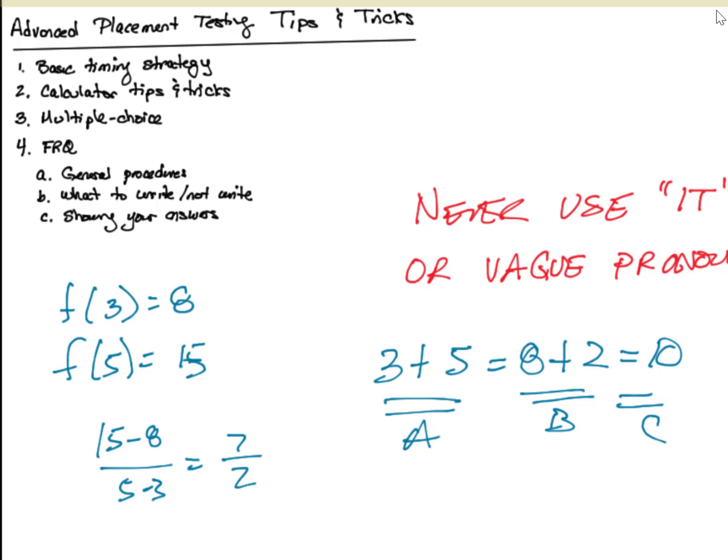Now, in the calculus world, you don't have to simplify. So 15 minus 8 over 5 minus 3 is acceptable. In pre-calculus, it is not. So in pre-calculus, we don't use the word simplify, but reduced is the better way of saying it as best as you can. 7/2, 3.5, both of those are fine, unless it specifically says, give me a decimal answer, then you better give a decimal answer.